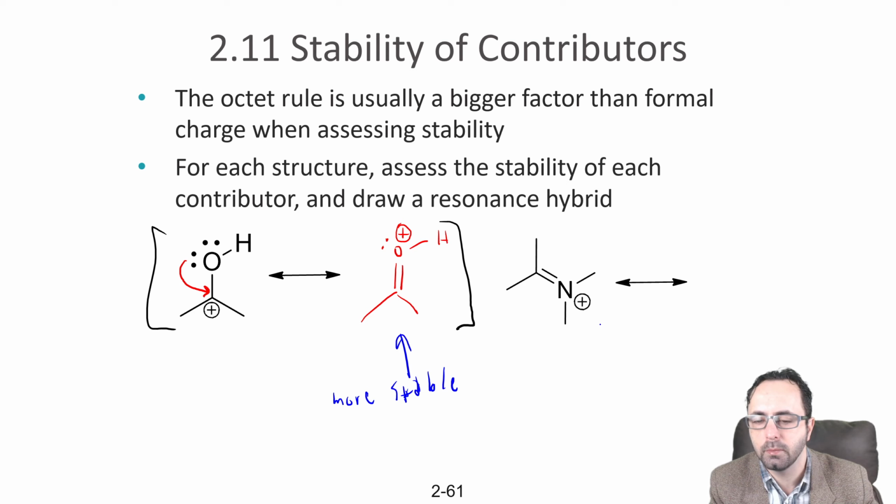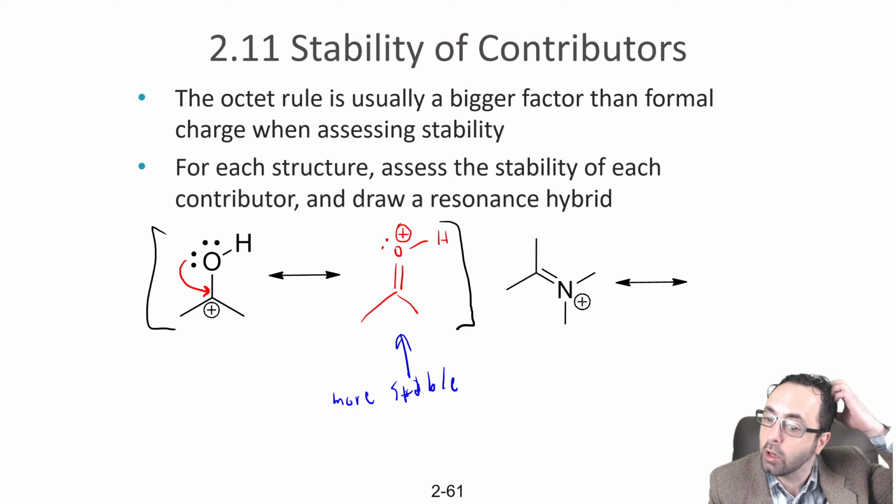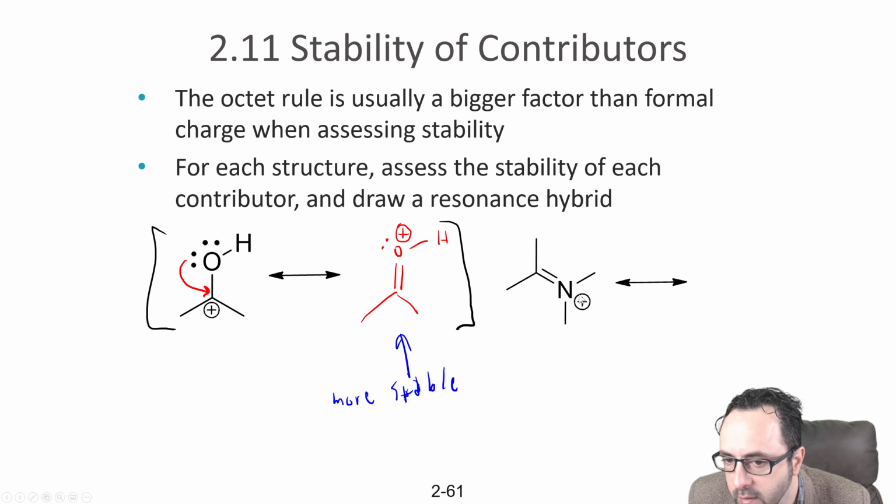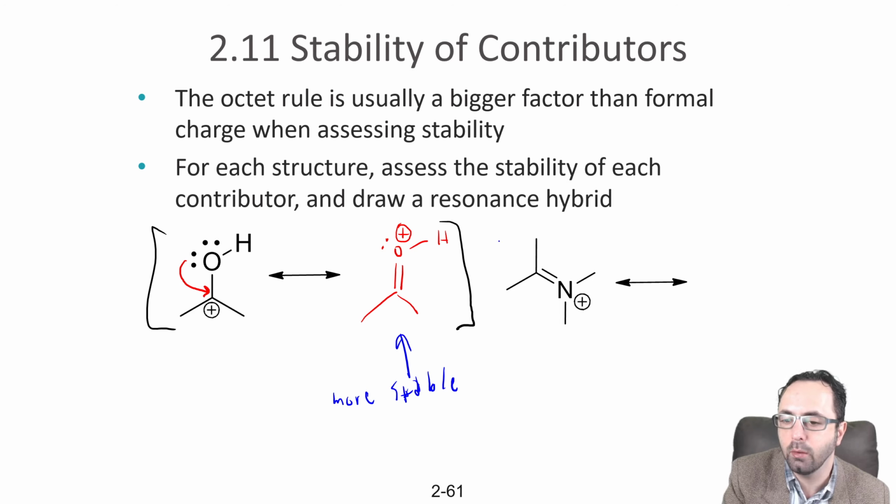For the next one here, what we have is a positive formal charge adjacent to this double bond, and so what we can do is move the electrons like that.